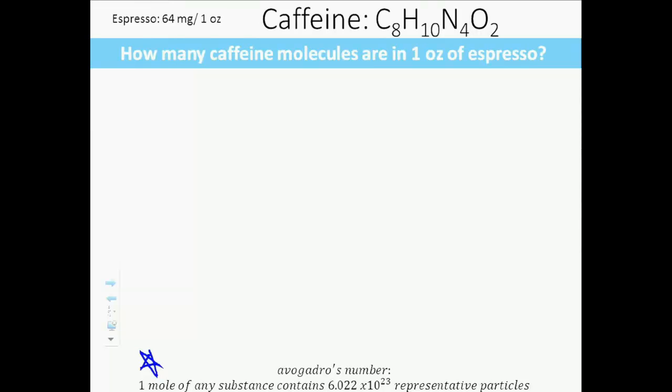So the question is, how many caffeine molecules are in 1 ounce of espresso? Anytime you see molecules, note you can only get there via moles. You can never go straight from grams to molecules. You have to stop in the middle.